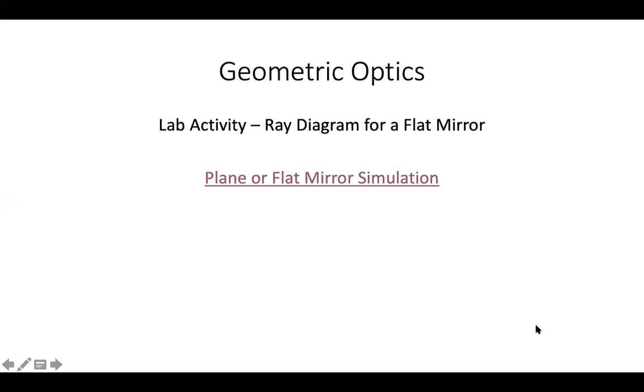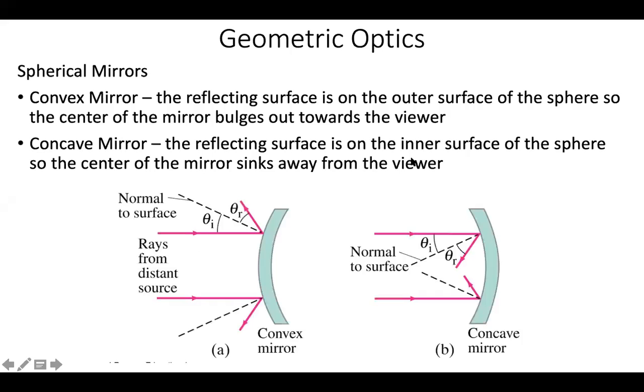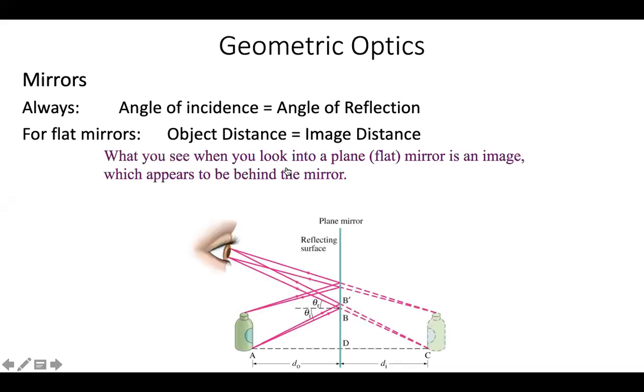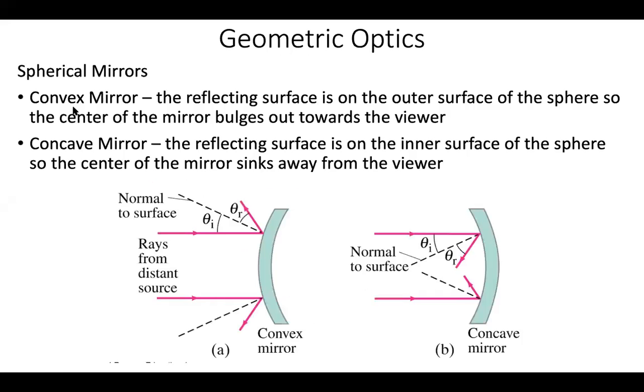Let's go back to the PowerPoint. All right, how much time do we have? Another 12 minutes or so. All right, continue on. So, mirrors: the angle of incidence equals the angle of reflection. A couple of things that we need to know: object distance. There are two different kinds of curved mirrors, a convex mirror and a concave mirror.